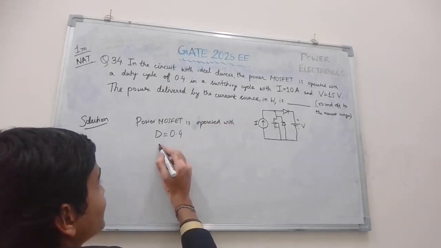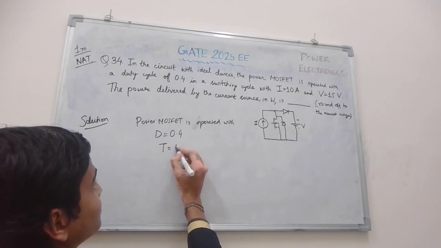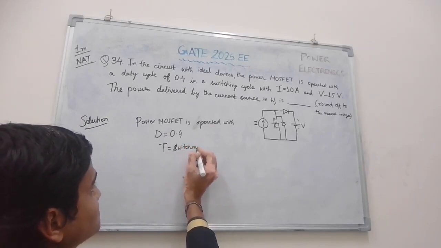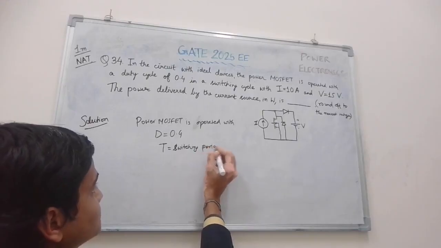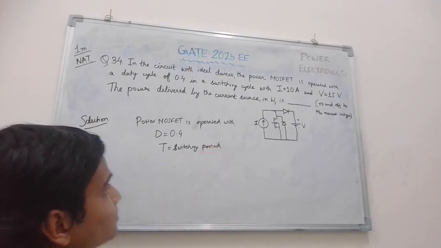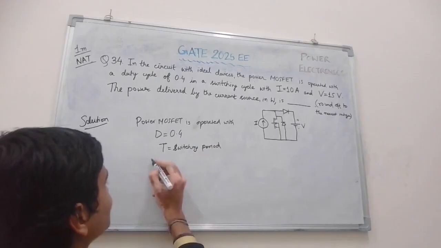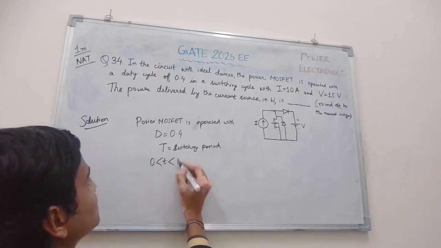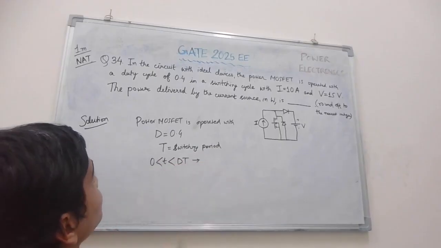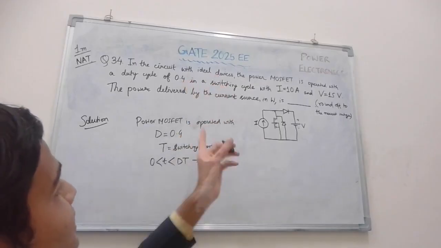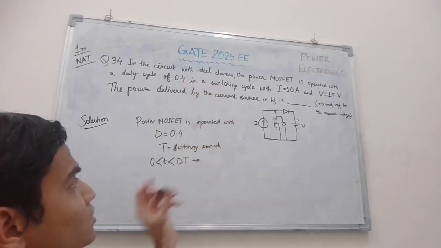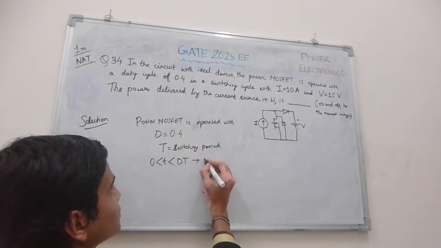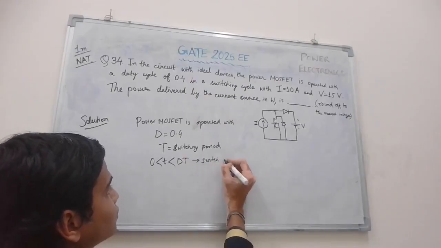So in a switching cycle, let the switching period be T. For dT time, that is 0 to dT, 0.4 duty cycle, during this time the switch will be closed.